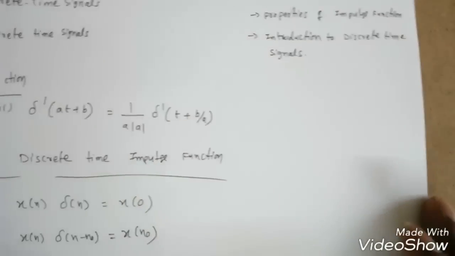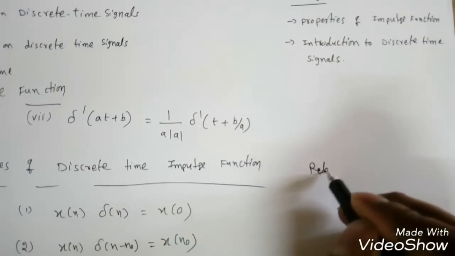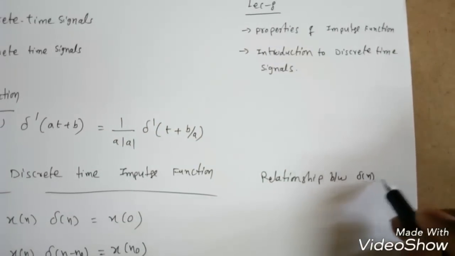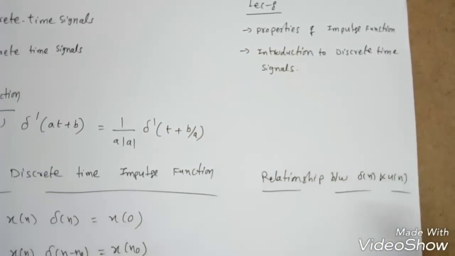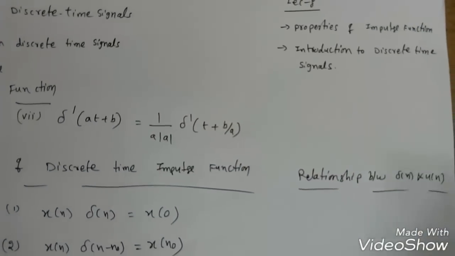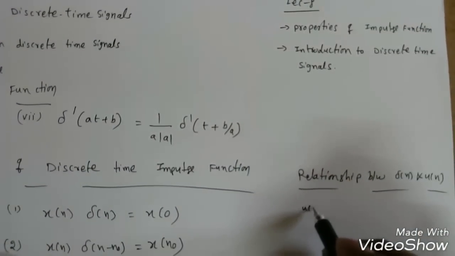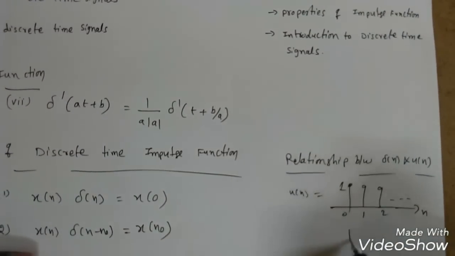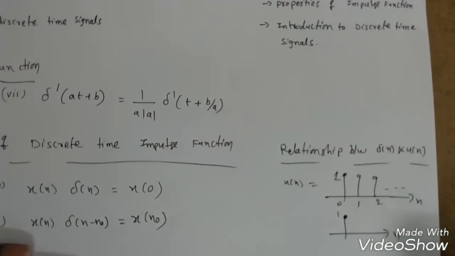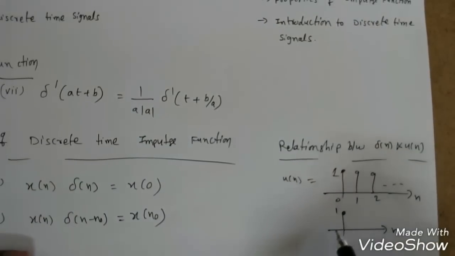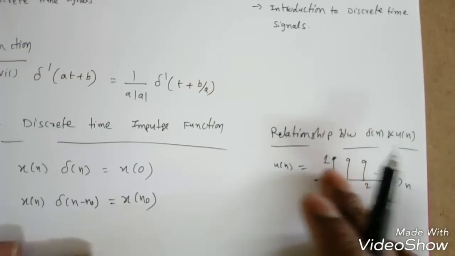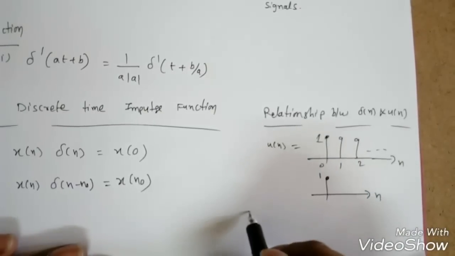Next we have to know what is the relationship between delta n and u of n, the impulse sequence and the unit step sequence. Here we know that u of n is equal to 1 from 0 to n, this is the 1. Similarly, this is the impulse function. Suppose if I want delta n, if I right shift u of n one time, that is u of n minus 1, and subtract, we will get delta n.